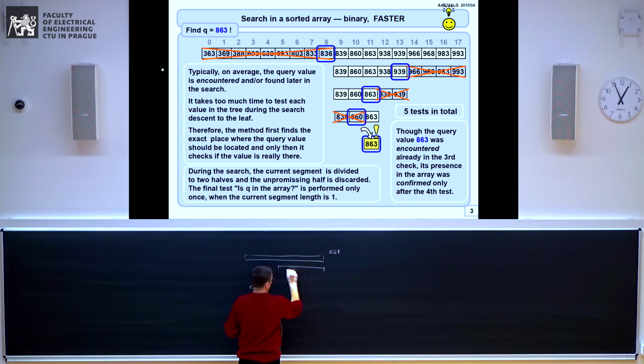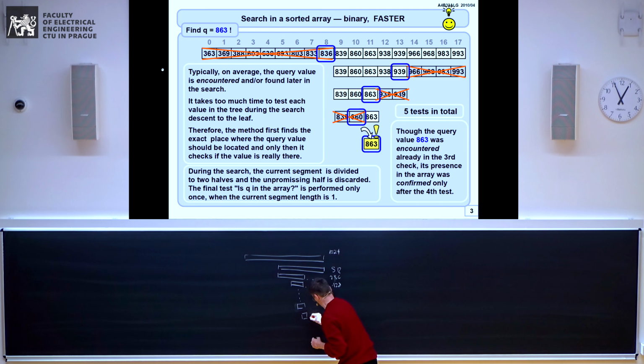So then you go searching, and your array is getting smaller and smaller, or the piece of the array where you are searching: 512, that is 256, this is 128 long, and so on until you arrive at size, let's say, 4, and you arrive at size 2, and finally you arrive at a size 1.